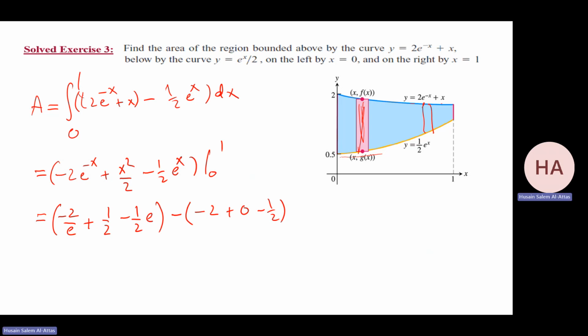Let me do it in steps. Then I have minus 2 over e minus e over 2. Then I have the numbers plus half plus 2 plus half. So I have 3 minus 2 over e minus e over 2. That will be the answer.